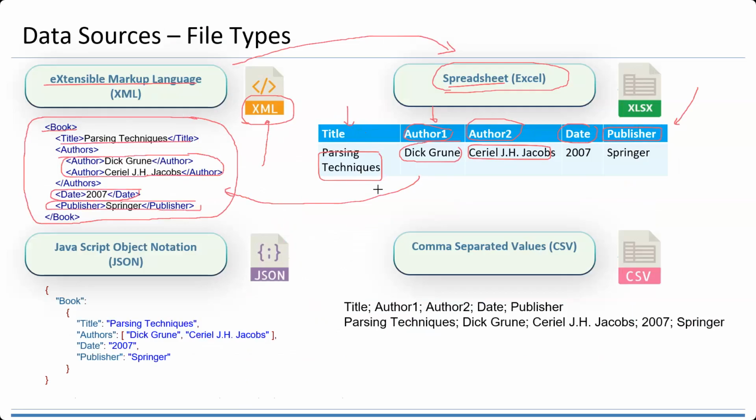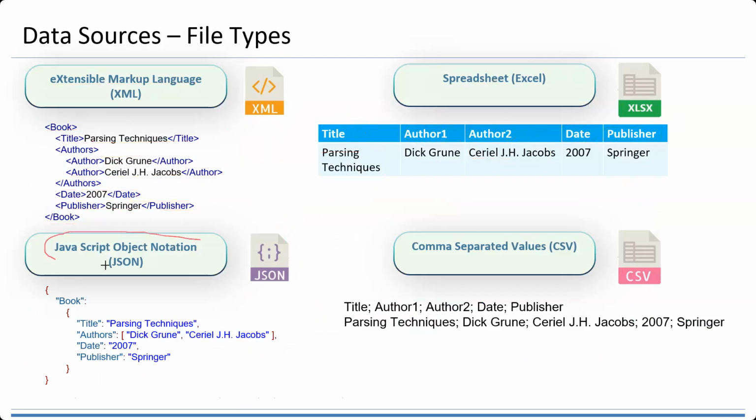This kind of data can also be represented in the form of JSON, JavaScript Object Notation, or we call it JSON. So the same data can be represented like this one. We have book, and then we have title, which is Parsing Techniques. We have the author, which is Dick Grune and Cheryl Jacobs. We have date, and we have the publisher.